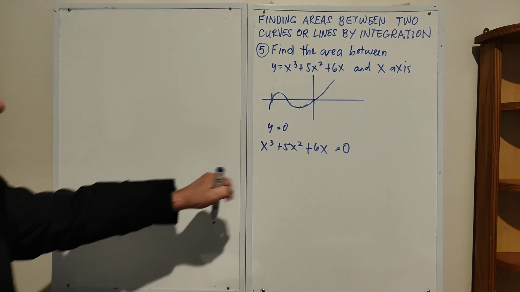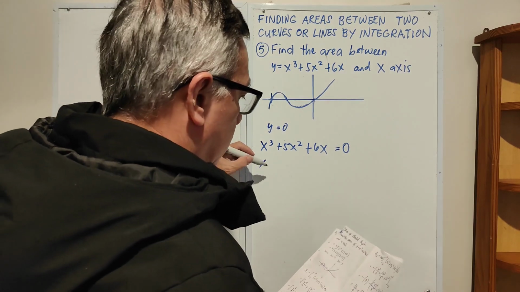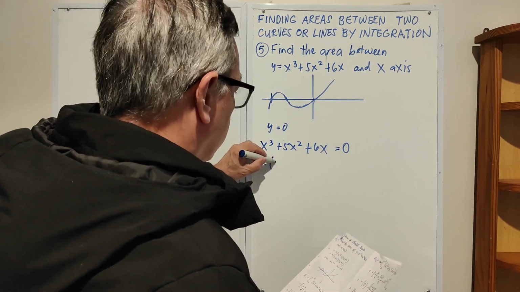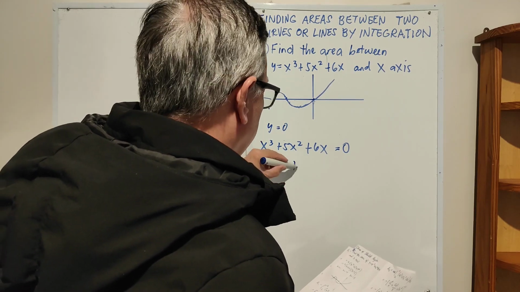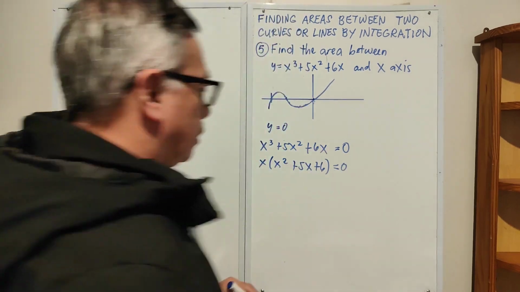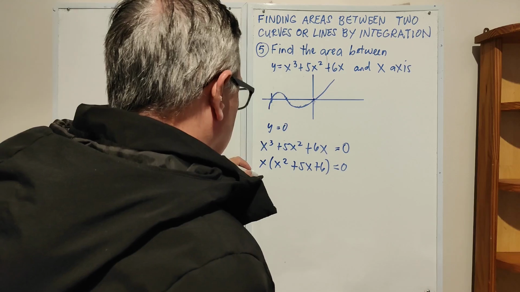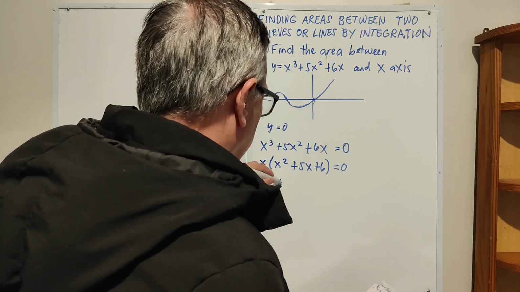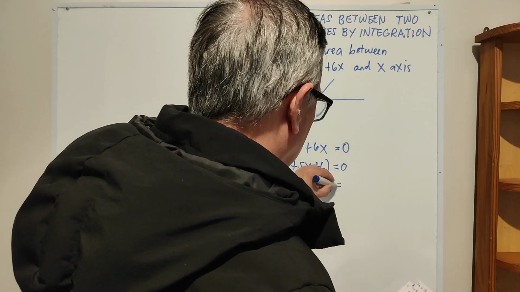We can first factor out x. If we remove x, that will be x squared plus 5x plus 6 is equal to 0. We can still factor this one: x plus 2 and x plus 3.